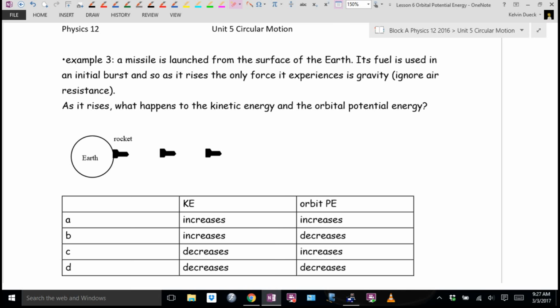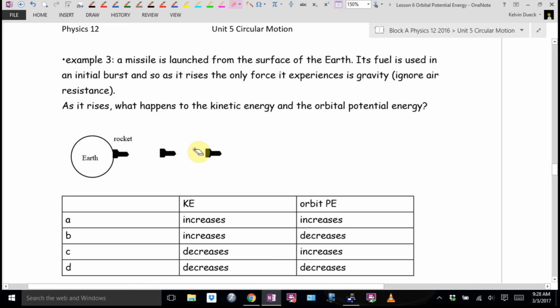So if its speed is slowing down, what's happening to its kinetic energy? Increasing or decreasing? Kinetic energy is a half m v squared. We fire all of our fuel, so we have max kinetic energy right now, boom!